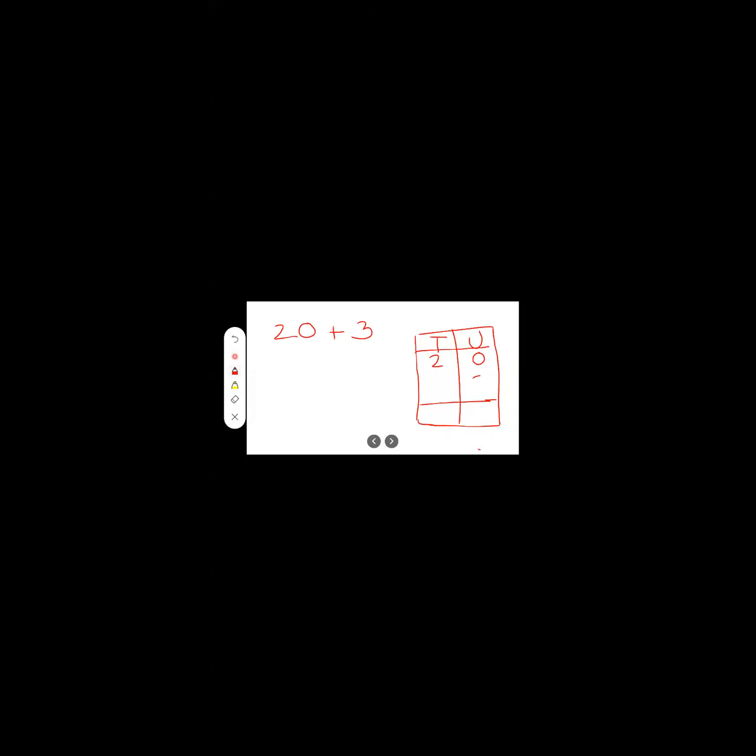20 plus 3. Here 0 plus 3 will be 3. Just now I told, any number added by 0 or subtracted with 0 will be that number only. So 0 plus 3 will be 3. And here directly 2 we will write it down.